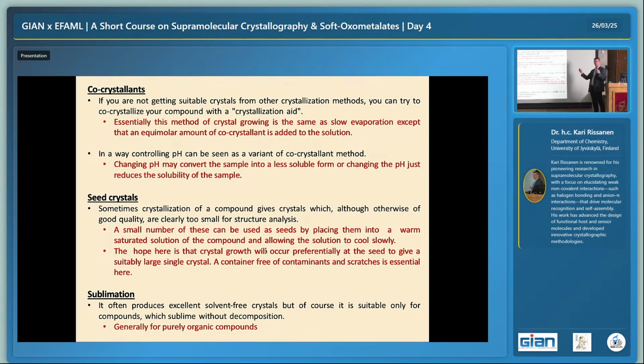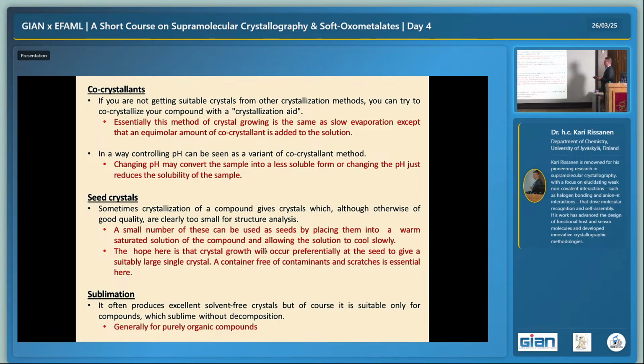And salts, by default, in 99% of the cases crystallize better than a non-charged system, because you have the electrostatics there. So that's a trick. You still have the compound, but now it's just a protonated form of your compound. That's okay. It doesn't matter. So controlling pH can modulate the thing.